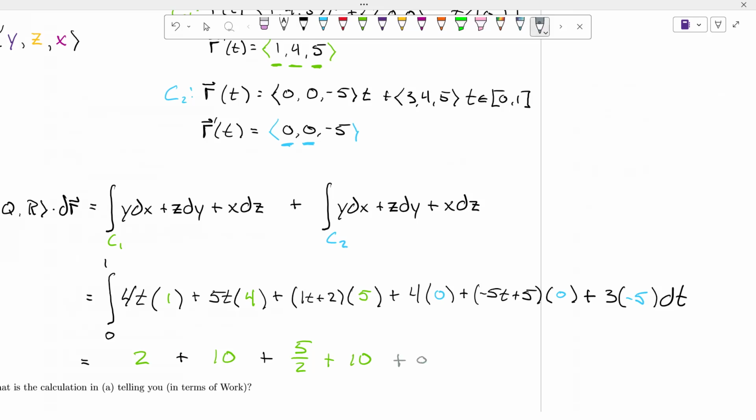Both of my next two terms are 0. But finally, I am integrating negative 15 from 0 to 1, which is negative 15. And then I simplify all of that. 22 minus 15 is 7. 7 plus 5 halves, 14 halves plus 5 halves, 19 halves, I think.